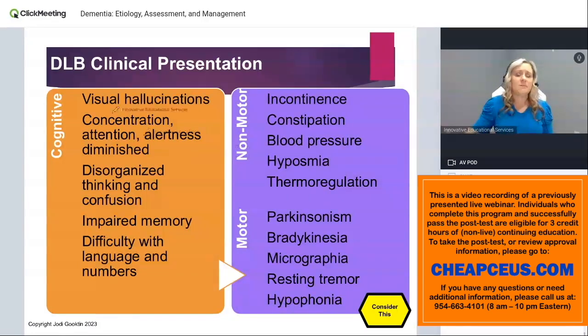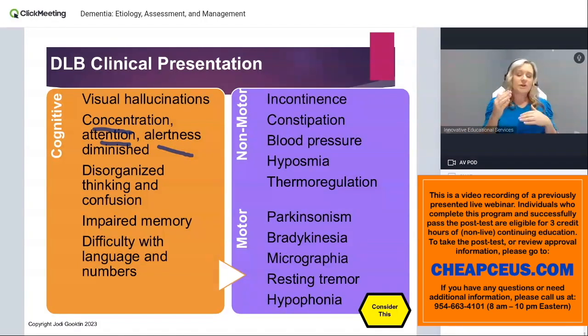The disease condition is primarily going to involve a decline in thinking for that individual. So it's a thinking impairment. For this person, they're going to have decreased concentration, attention, alertness. You may have a conversation with them one day and then the next day they don't remember it, and this is consistently.